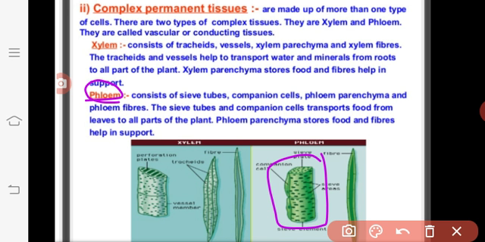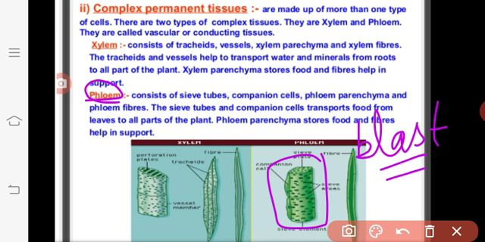Phloem is called a living conductive tissue because its transport channels are made up of living cells. So it is also called bast.